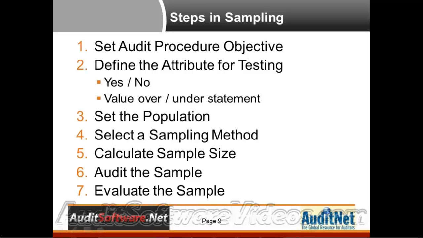We're going to set the audit procedure and the objective of that audit procedure, which drives your attributes for testing. Let's imagine we were taking a look at accounts payable and procurement, and we wanted to take a look for each accounts payable invoice. Does a purchase order exist for each invoice? Yes, no. That would be one attribute.